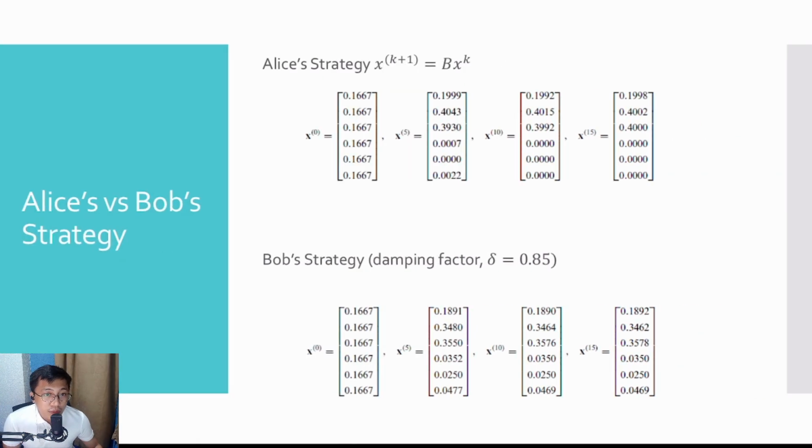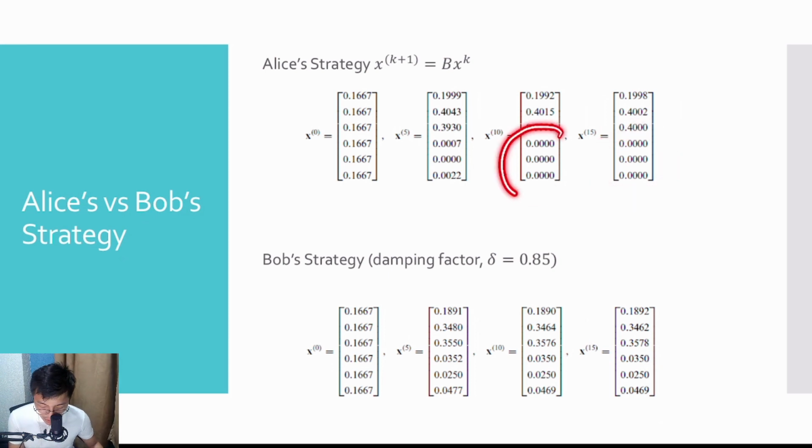Okay, so let's compare. These are the state vectors used by Alice, and for Bob, these are the results. So what happened? If you look here, compared to Alice, the chance of going to page 4, 5, 6 is 0 because there are no outgoing links to pages 4, 5, and 6.